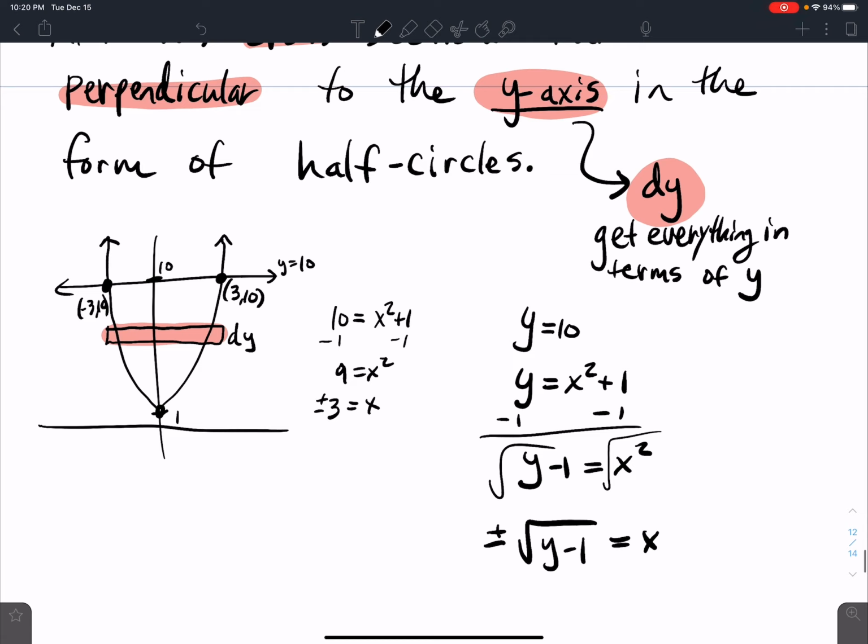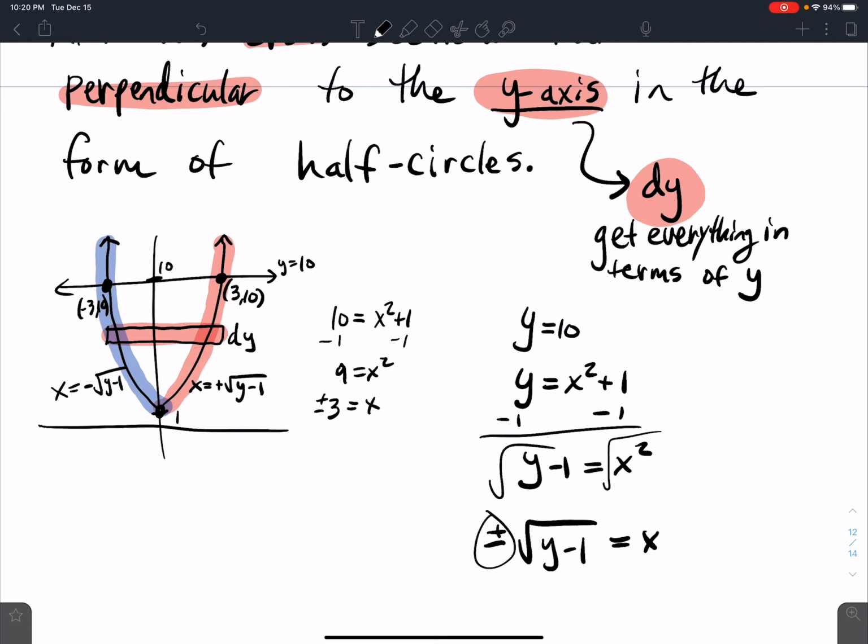There's a positive side, the plus, that's x equals the square root of y minus 1. And then there's the negative side, x equals minus the square root of y minus 1. That's where that plus and minus comes into play.